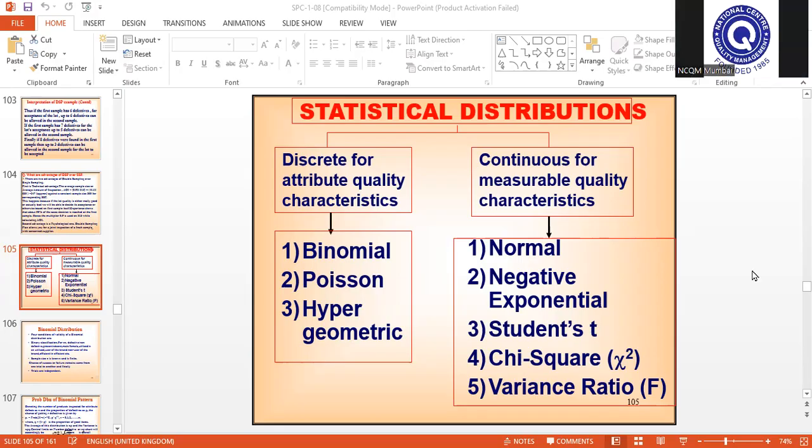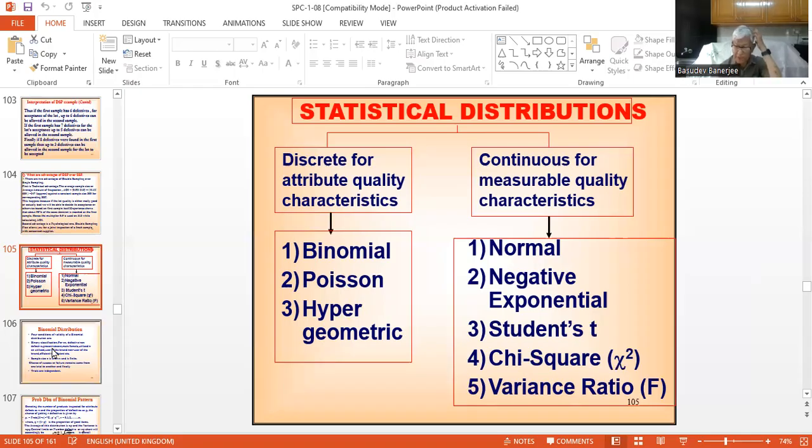Now coming to binomial distribution, we must understand the conditions of validity of binomial and Poisson first. Binomial distribution has 4 conditions of validity. First is the binary classification: defective, non-defective; machine utilized, not utilized. If underutilized, then it will be trinomial.